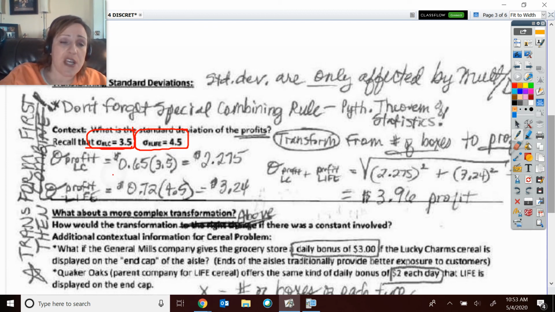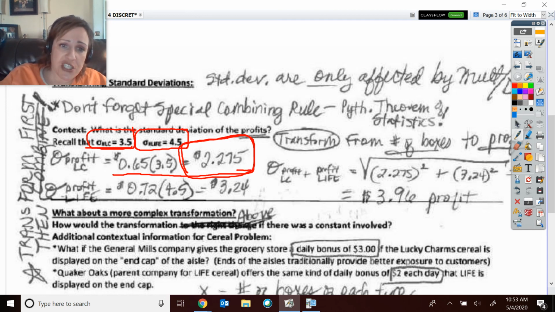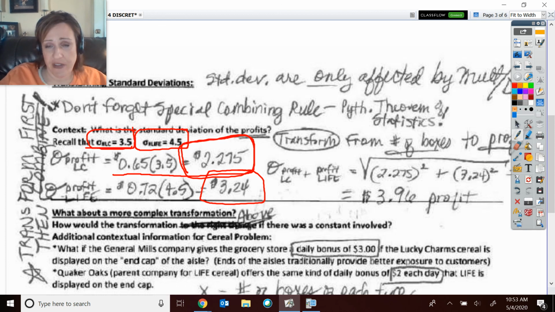So here I have now the variability of the Lucky Charms profit. How much is your profit per day going to vary on Lucky Charms? How much is your profit per day going to vary for the Life cereal? See, 65 cents for the boxes sold standard deviation, 72 cents for the boxes of Life standard deviation.